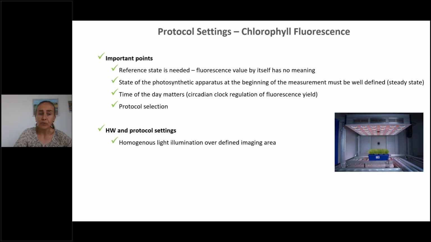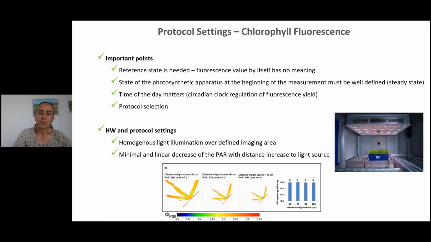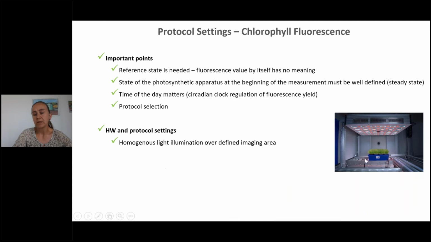Referring to hardware and protocol settings, the key for chlorophyll fluorescence imaging measurement is a homogeneous light illumination over the defined imaging area. And that's why, if you look at this example, you see the imaging panel, here we have in the middle the imaging camera, and then we have illumination LEDs.